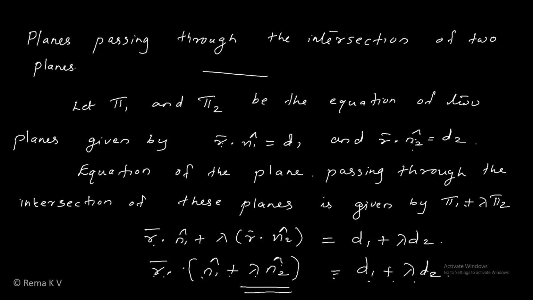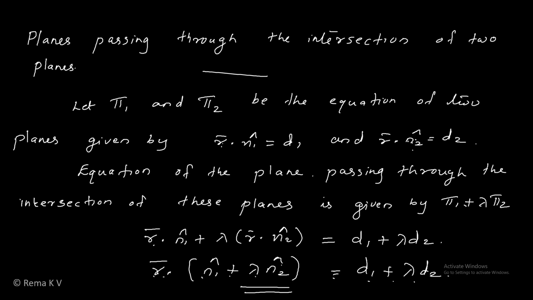First equation plus lambda into the second equation. And if there is any condition given to us, apply that and find the value of lambda and substitute it here. That is what we have to do. Is it clear? Two different planes are given to us.